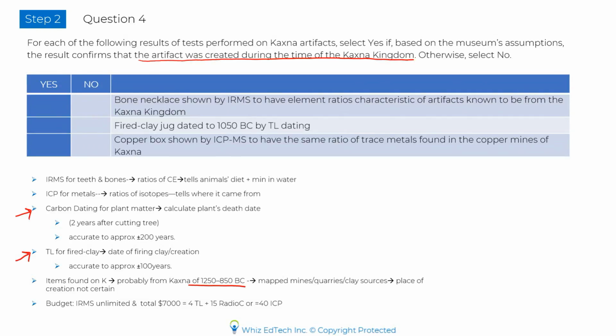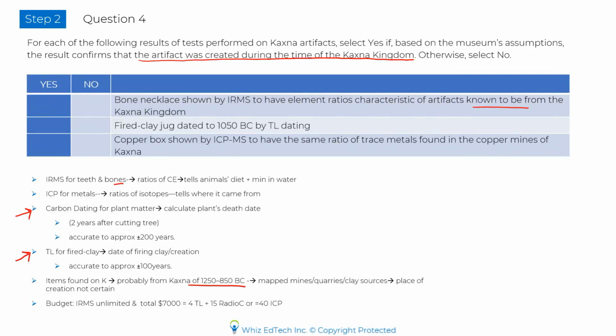So let's analyze. Bone necklace. Now, straight away we know that for bones, we don't have any way of telling the time. All right. So bone necklace has element ratios, artifacts, again, known to be from Kaksna, which does not tell us the time.